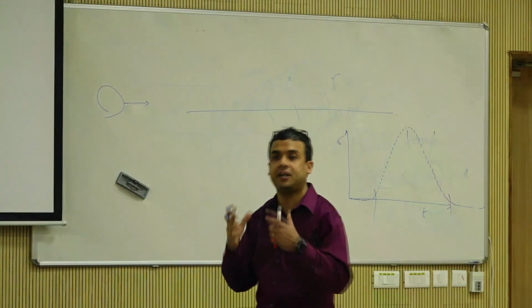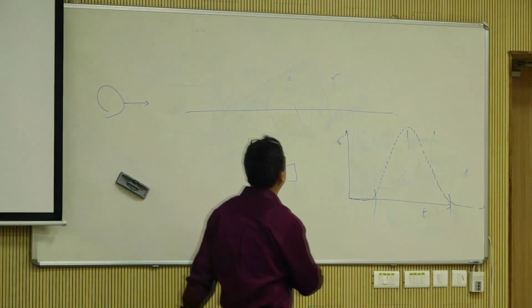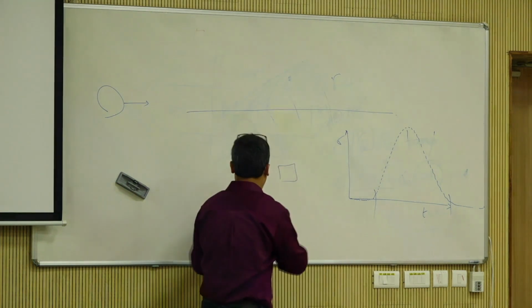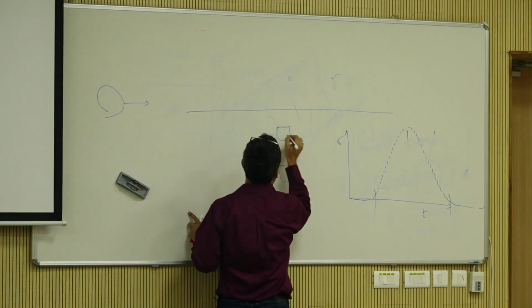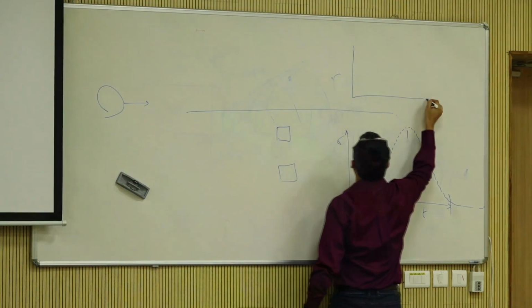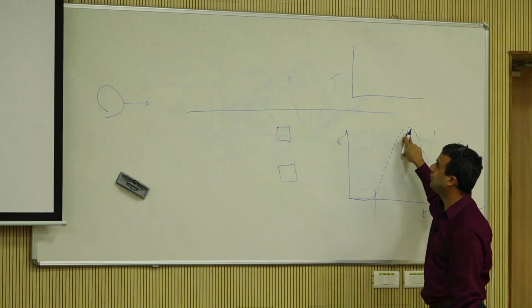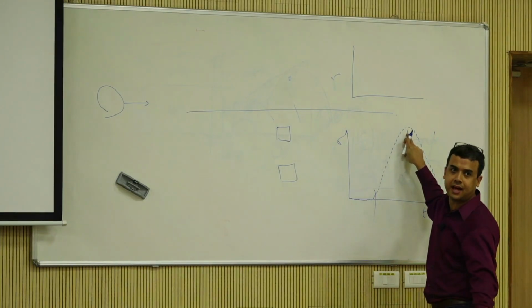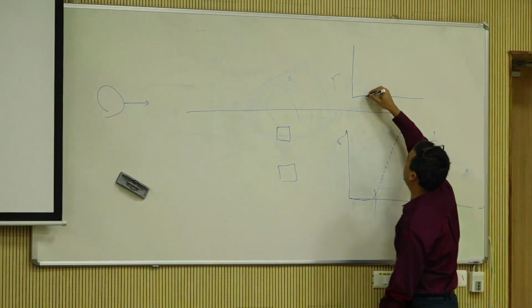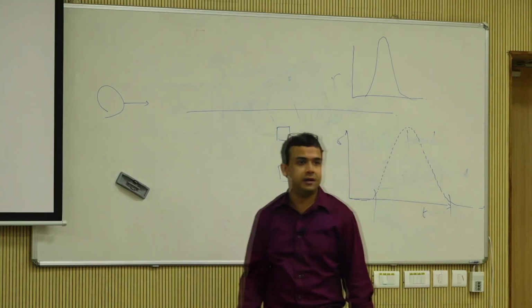It has a definite duration, it has a definite magnitude, and as you can imagine, intuition says, what will happen if I plot for here? How will the pulse look? What will it look like? Shorter or taller? Taller. Wider or narrower? Narrower. So narrow but tall.